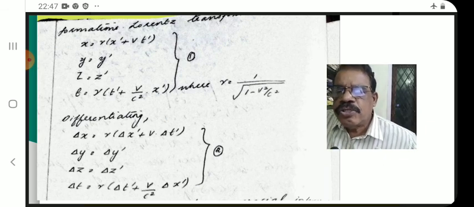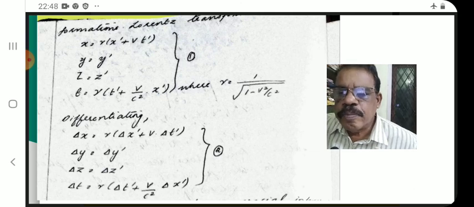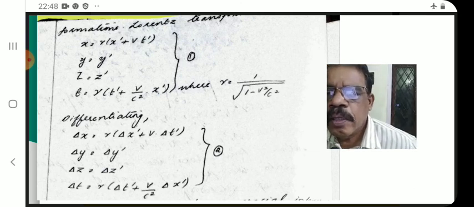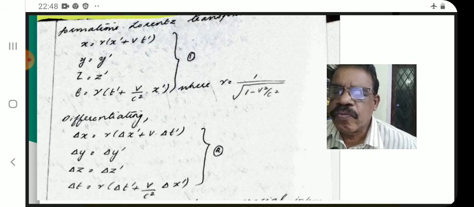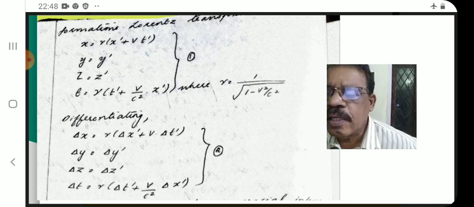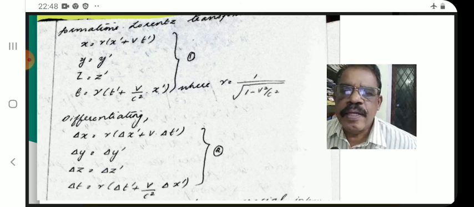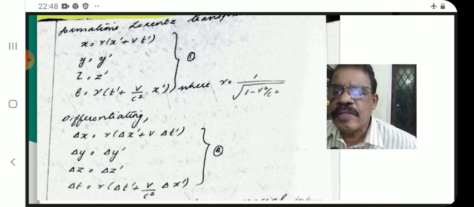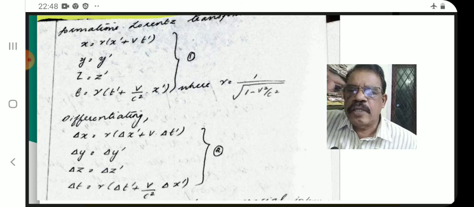And delta t is equal to gamma into delta t dash plus v by c square into delta x dash. Here v and c are constant. v is the relative velocity of s dash with respect to s.